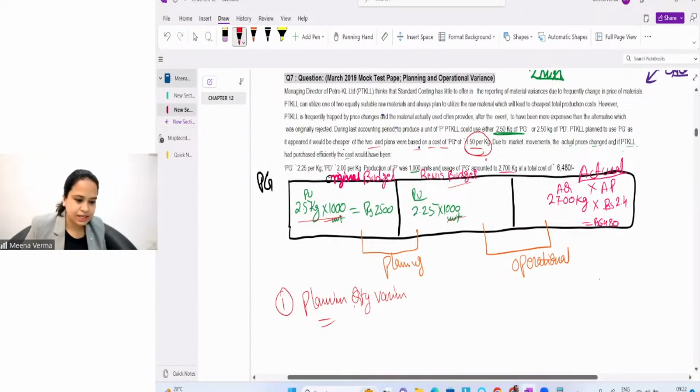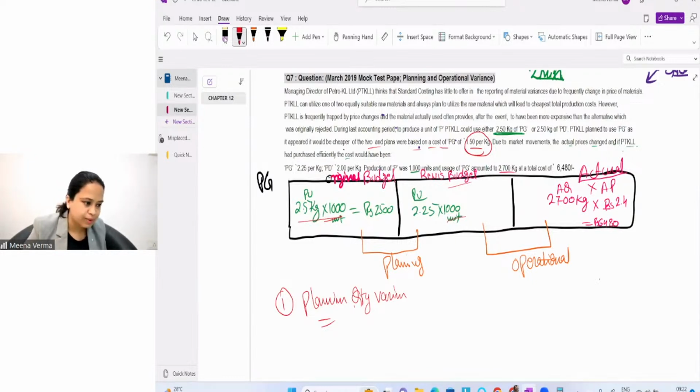So we will see this is what a revised price actually. So rupees 1.5 per kg, right? And the quantity is what? 2.5 kg of quantity is required, right? This is quantity. What will be the price here?